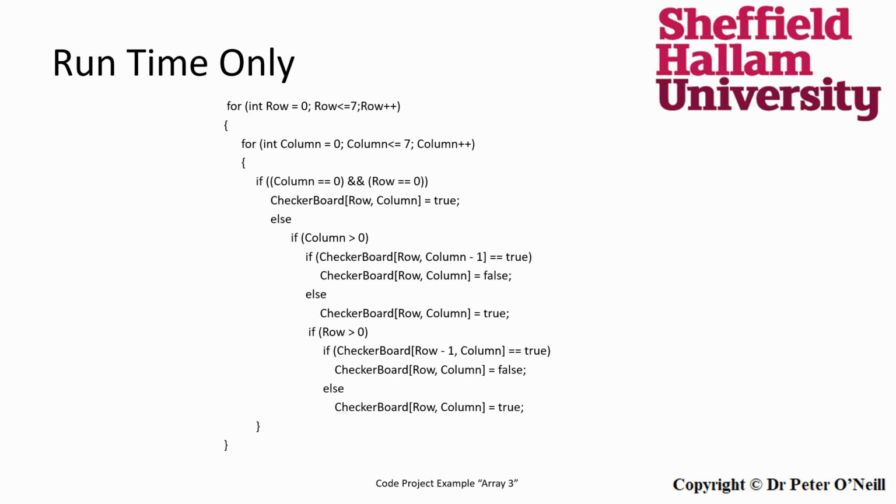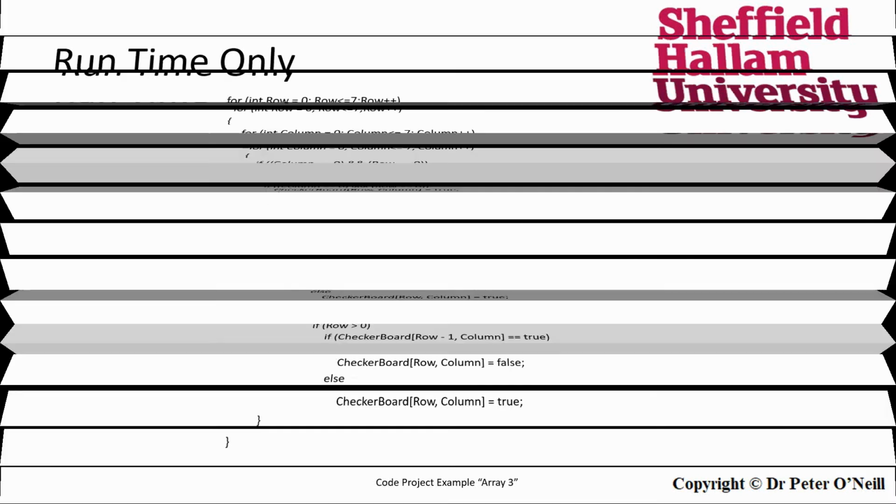Basically, by using for and a little bit of mathematics and thought, I've made it do black, white, black, white, and then opposite. So each time it goes down, it looks at the previous one above and says, are you black or are you white? And depending on which one it is, the opposite is true. So it starts off with the other one on the next line down. Okay.